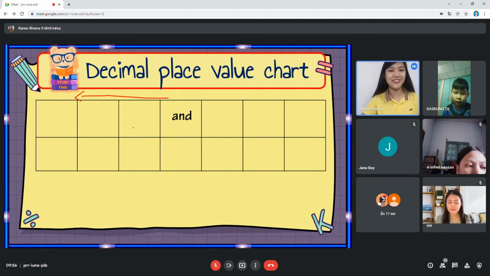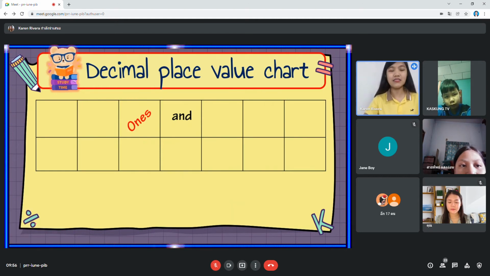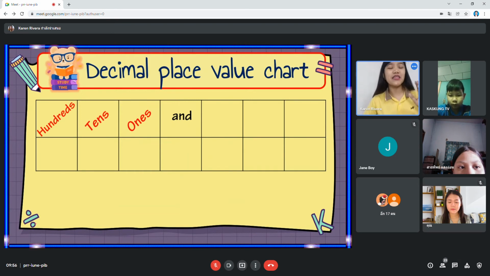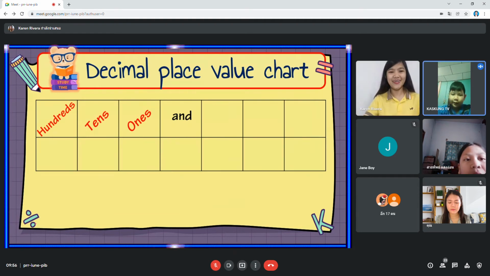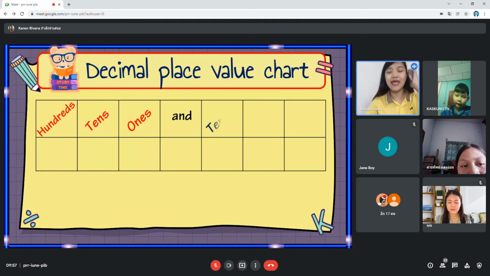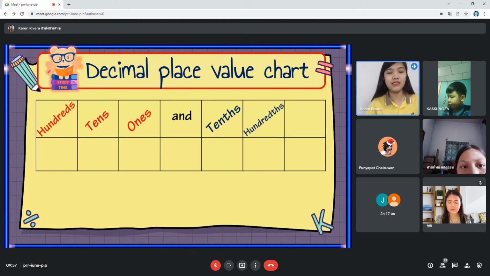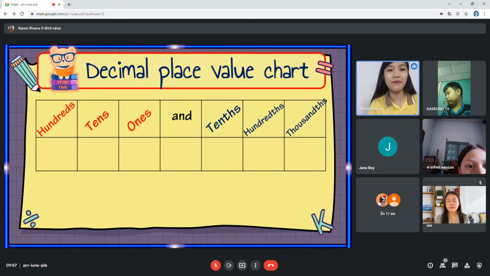What are the place values? Ones. Good job. Next, tens, hundreds. Good job. How about the place values at the right side of the and? Tenths. Very good. Next, hundredths. Good job. Next, thousandths. So those are the place values.